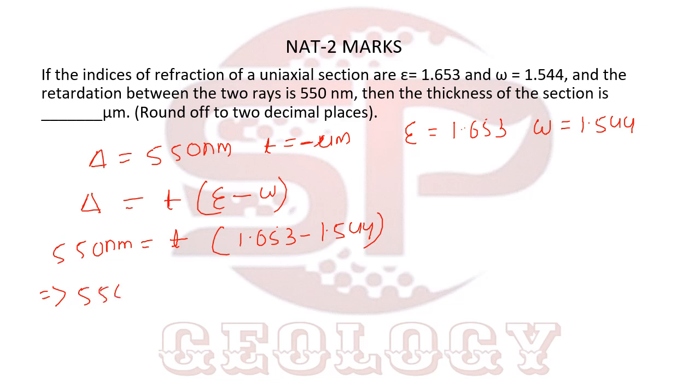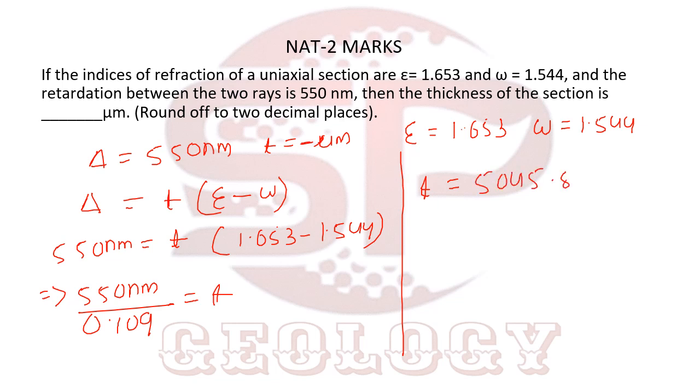Like 550 nm divided by 0.109. So this will be 0.109. So T will be 5045.871 nm. This is the thickness.